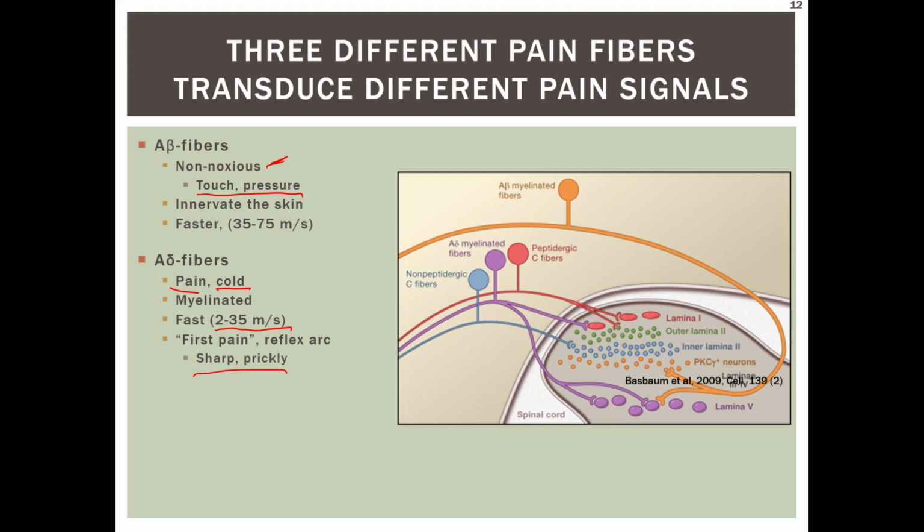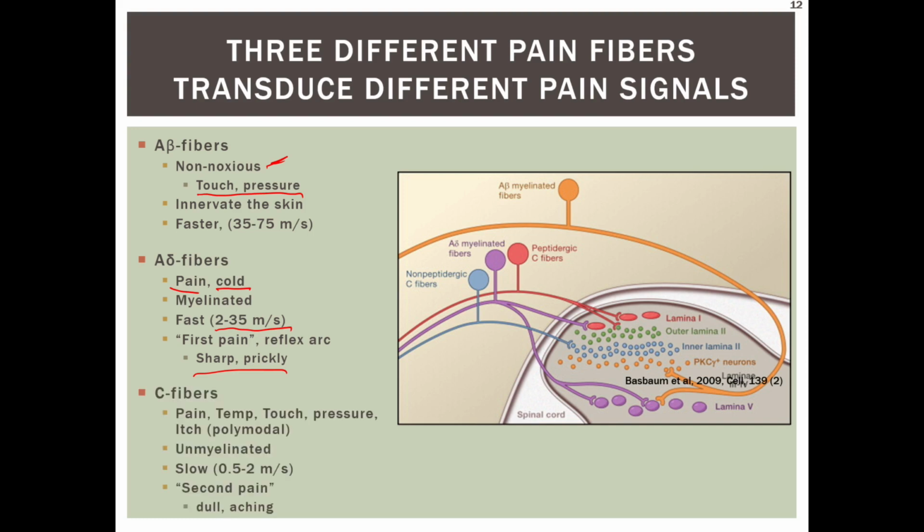sensation into the brain. And then lastly are the C fibers. And the C fibers are really the ones involved with what we think of as prolonged pain. Temperature, touch, pressure, some itch as a result of histamine and inflammation.